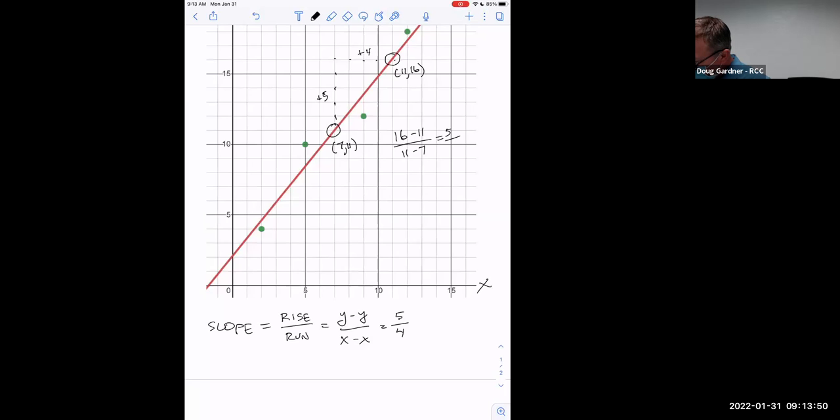And I also would have got 5 over 4. That's why that formula works. To get the rise, you can just do it mathematically by recognizing, hey, this y value is at 11, and if this y value is at 16, then how far is it going to be if I go from one to the next? Does it make sense that you'd be subtracting 16 minus 11 to get that distance of 5 right there?